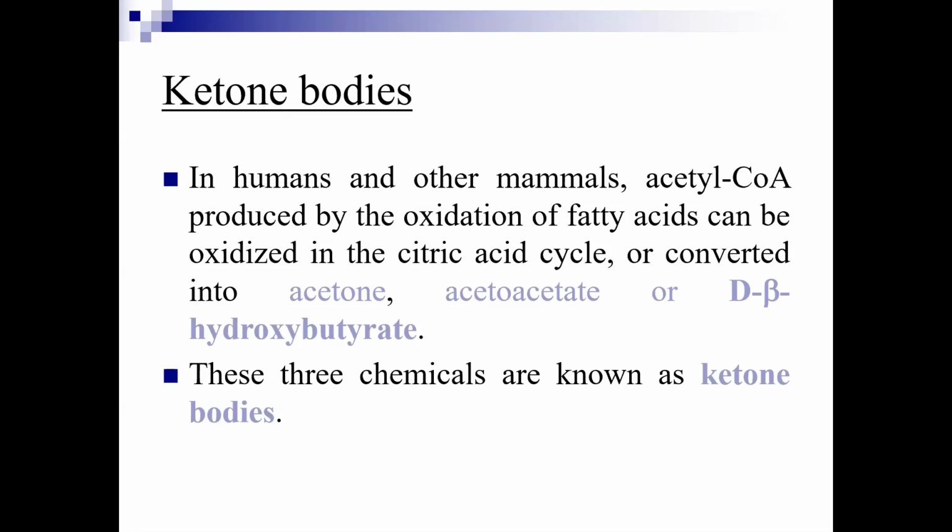So during periods of time when you have high rates of fatty acid oxidation, this is particularly the case in the liver, you have very large amounts of acetyl coenzyme A that are generated. And the main source of acetyl coenzyme A is definitely the oxidation of fatty acids.